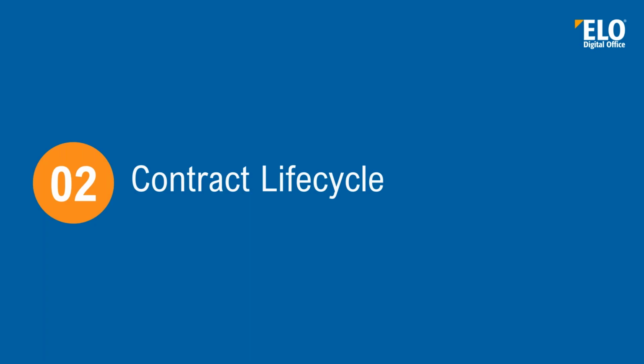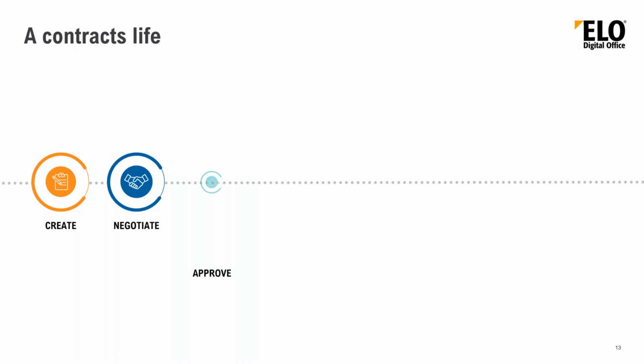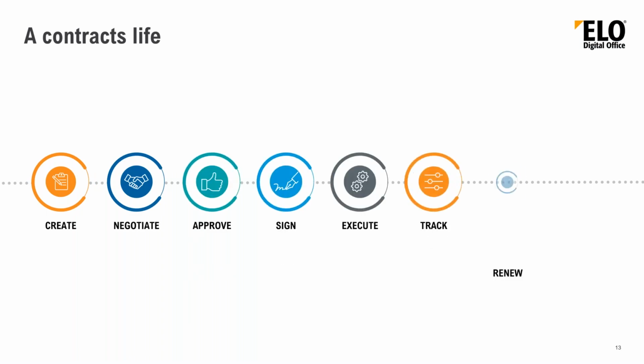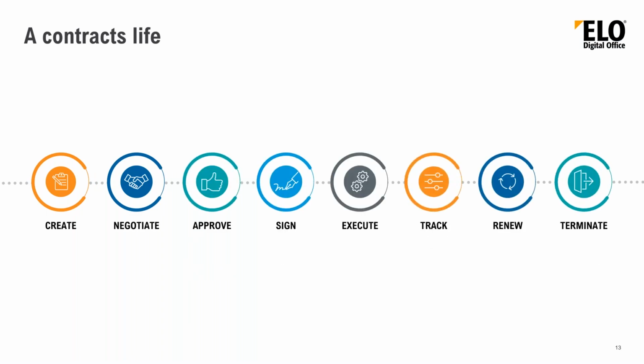So a typical contract life cycle starts like this. You create the contract or the contract is created. Doesn't matter who creates the contract, you will get it at some point, when it comes to the negotiation of a contract. Then you have to approve the contract. Somebody has to sign the contract, then the contract is executed.